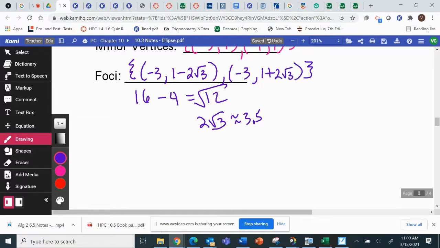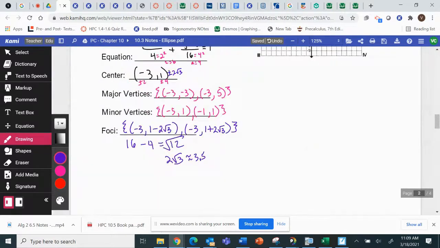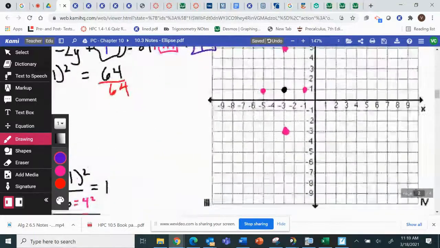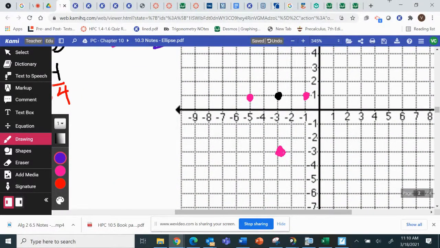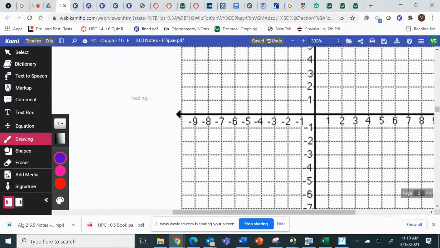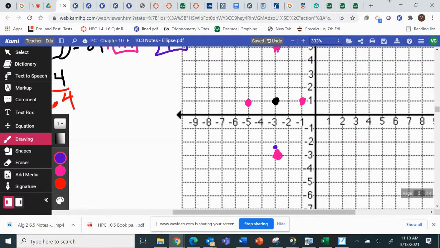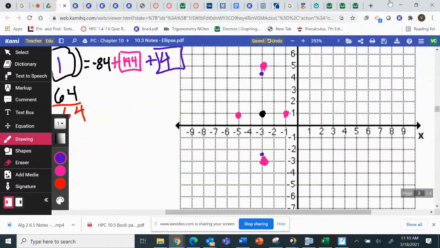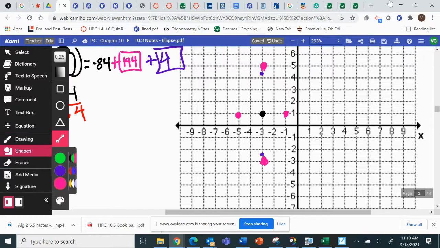And then when I graph it, I'll just use about 3.5 from the center. Well, I guess this one's going to be pink.